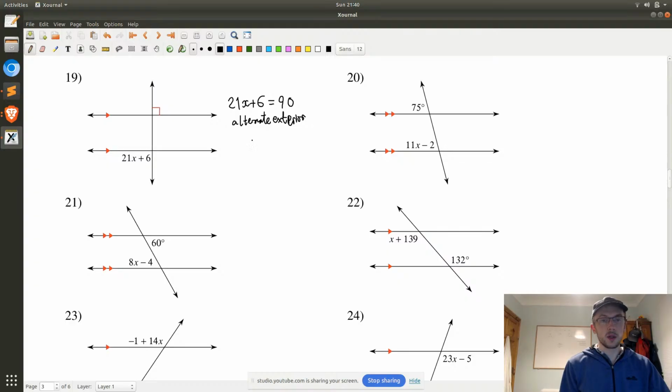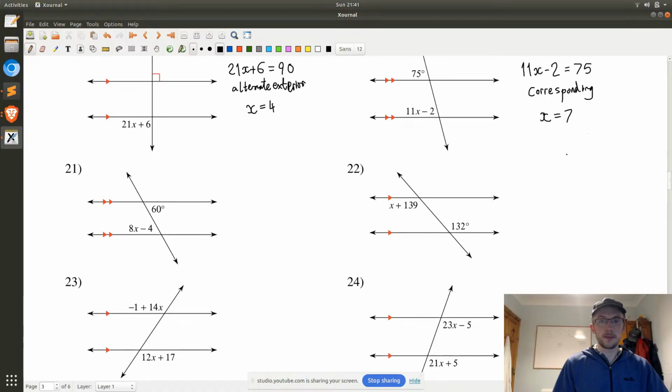So it's 84 over 21, which is 4. 11x take 2 equals 75. Reason being they are corresponding angles, and so it's another two-step linear equation, and so x equals 7.